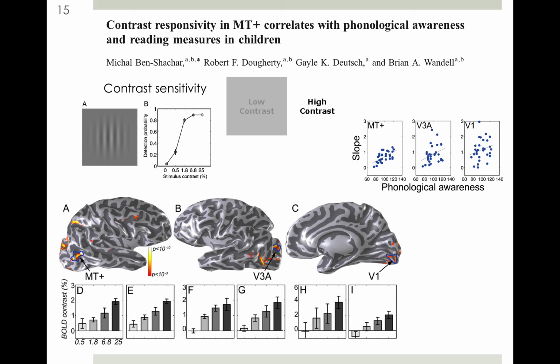So that means that the more sensitive you are to differences in sinusoidal gratings, the better you tend to be at saying "create" without the E, which is really quite wild, but it does provide some evidence for this relationship between visual processing ability and spelling. So that's pretty good evidence for the visual system's involvement in dyslexia, I think.